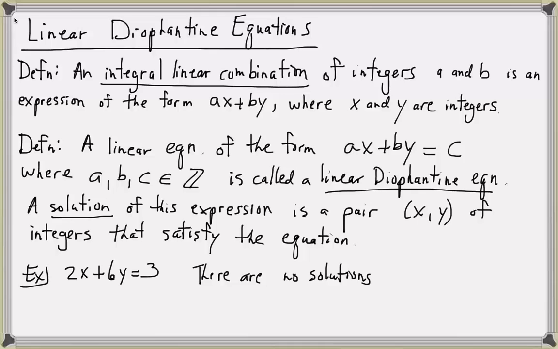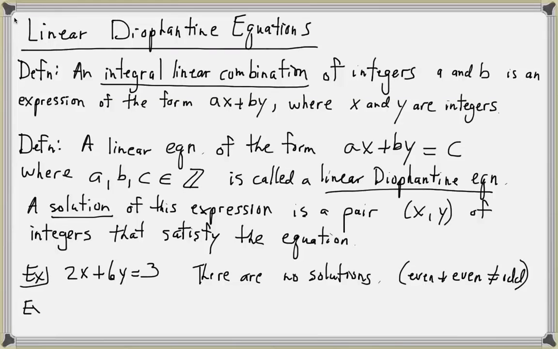That's the sum of two even numbers. So an even plus an even number can never equal an odd number. So this linear Diophantine equation has no solutions.